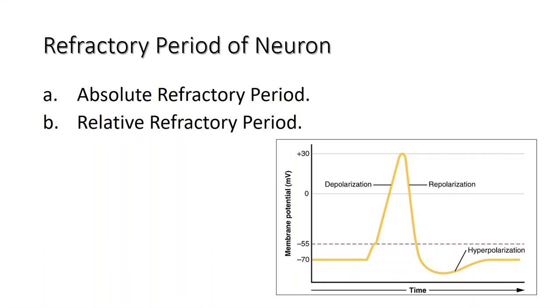During the absolute refractory period, another action potential will never start regardless of the strength of the stimulus. This is because the voltage gated sodium ion channel is still in its operational configuration. A new action potential could be started only when the voltage gated sodium channel is back to its resting conformation.